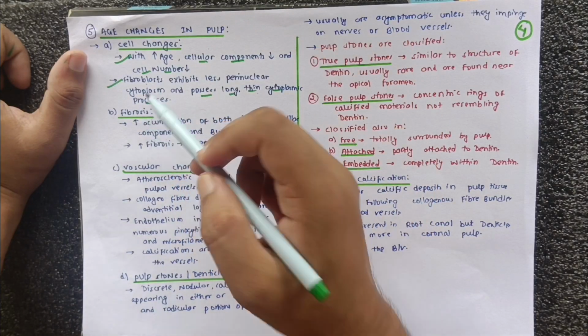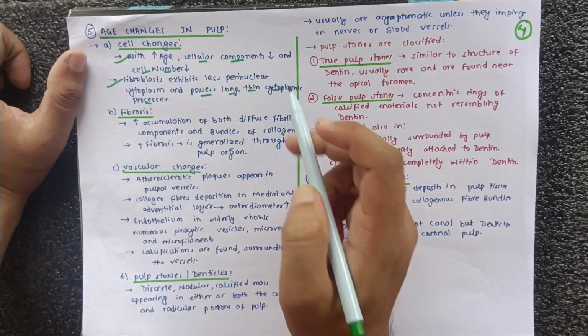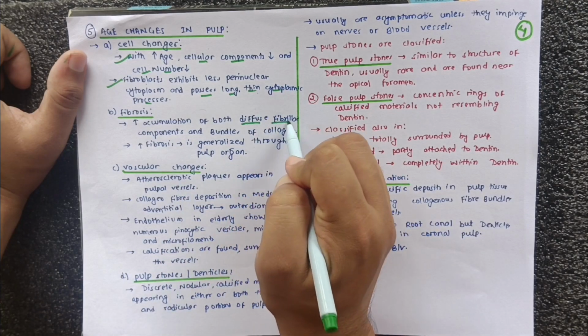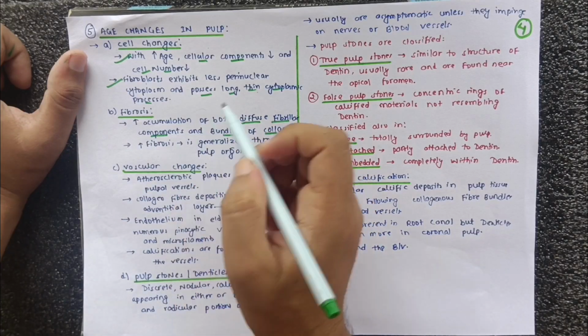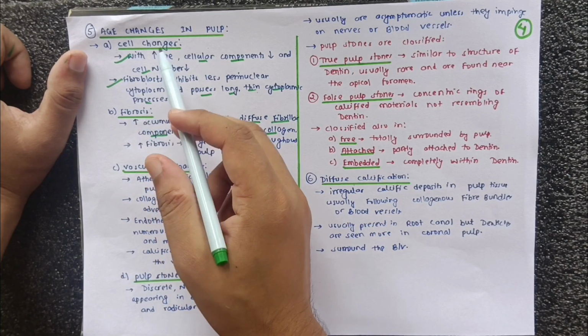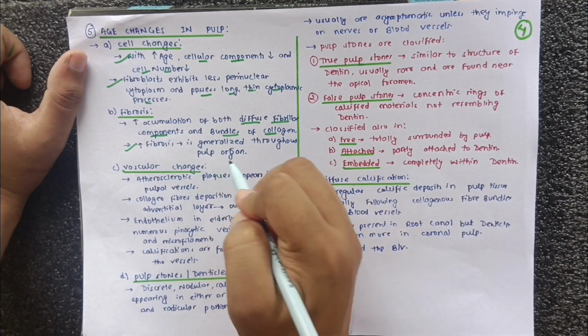After that, the fibrosis: there is accumulation of both diffuse fibrillar component and bundles of collagen. So there is an increase in the diffuse fibrillar component, and bundles of collagen are also increased in the pulp with age. The increase in fibrosis is generalized throughout the pulp organ.